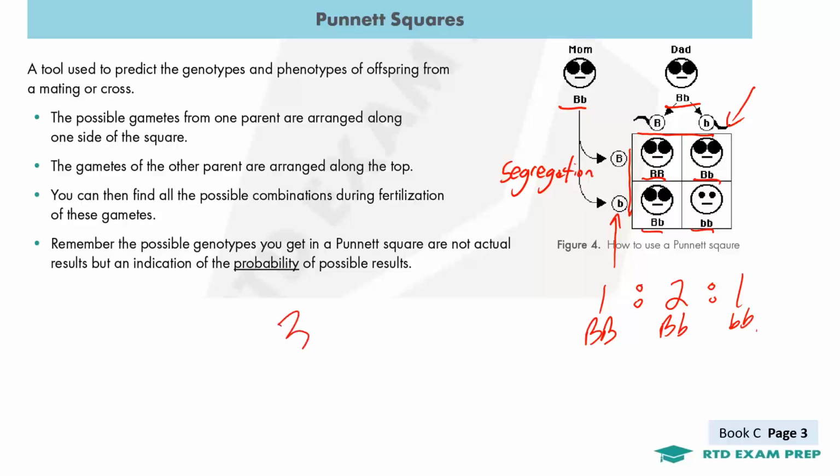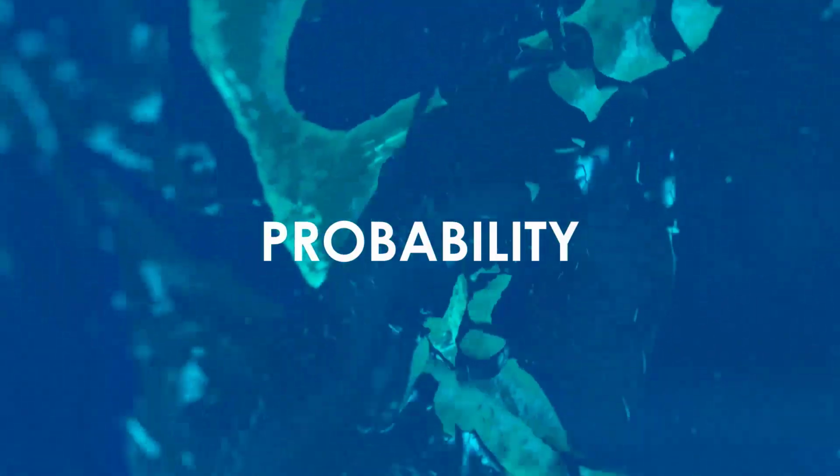I see a 3 to 1 big I's to small i's. The Punnett square is our probability tool. Like it says, not the actual results, but allowing us to predict what type of offspring will be born.